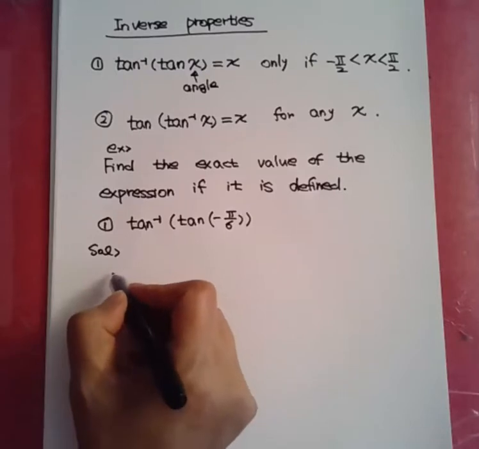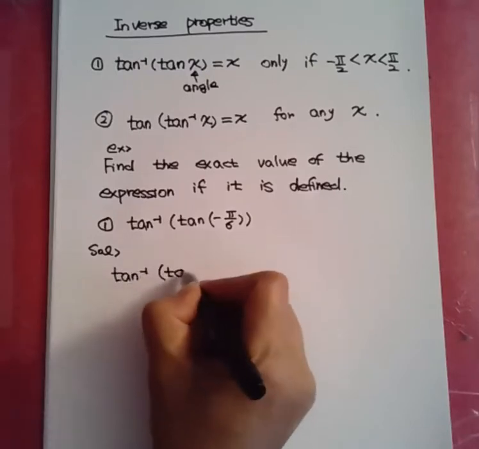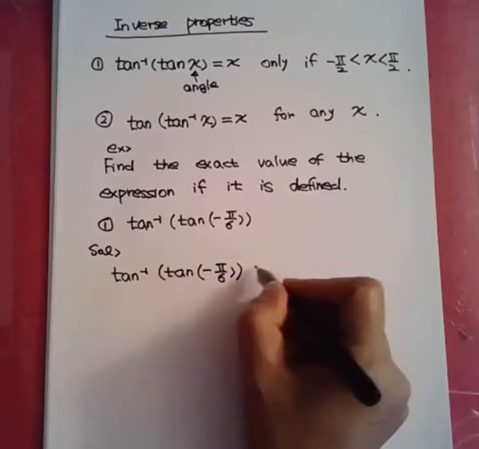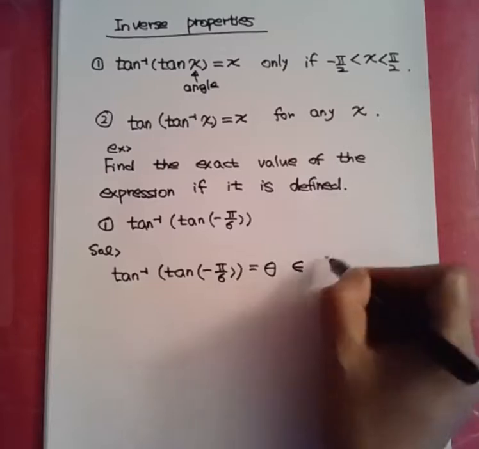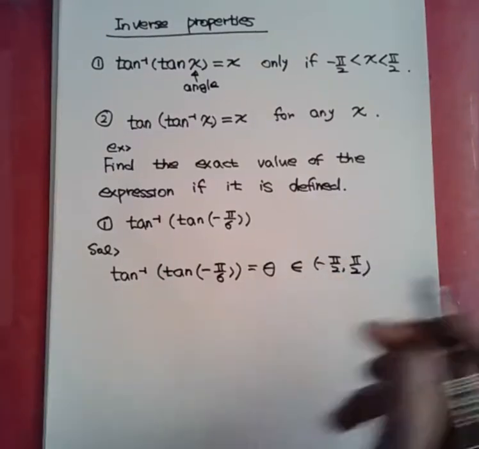Let's follow the definition. Tangent inverse of tangent of minus pi over 6 is the angle theta between minus pi over 2 and pi over 2.